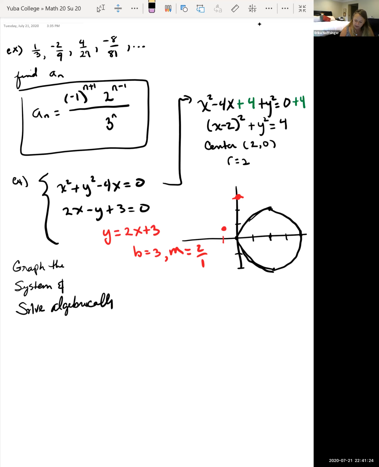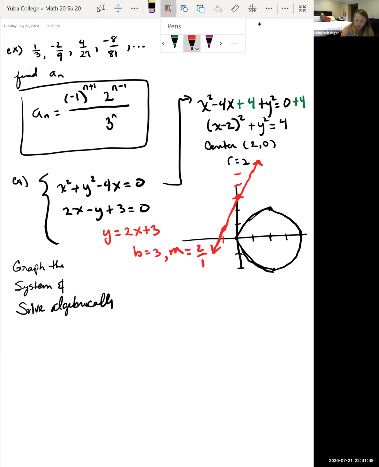And if I went up 2, I'd go over 1 to the right. So according to how I have this graph, it looks like these will never intersect. So graphically, I would say that there's no solution.